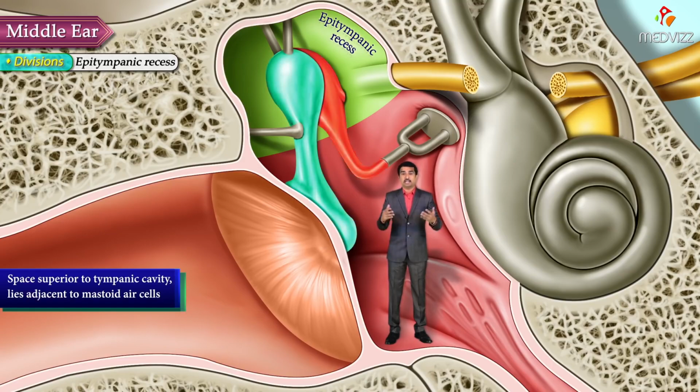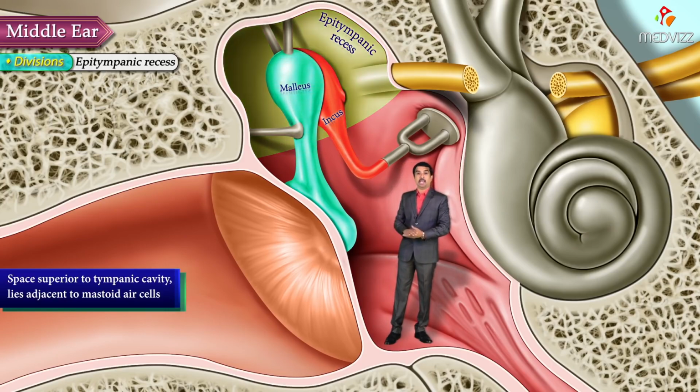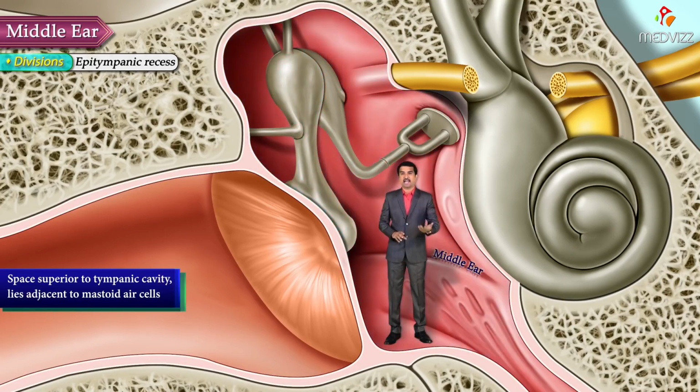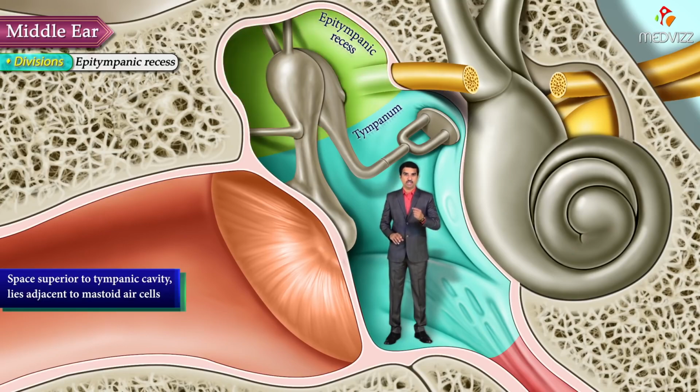Here the ear ossicles such as the malleus and incus partially extend upwards into the epitympanic recess. So this is how the middle ear cavity can be divided into the tympanum as well as the epitympanic recess.